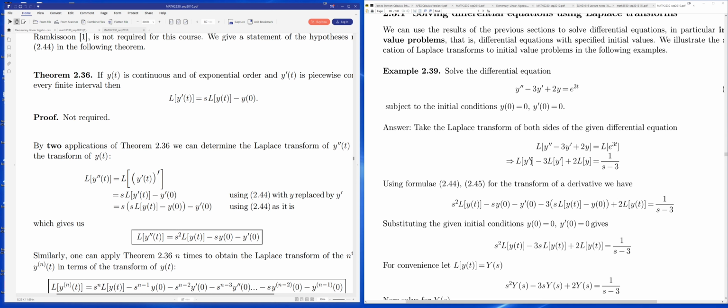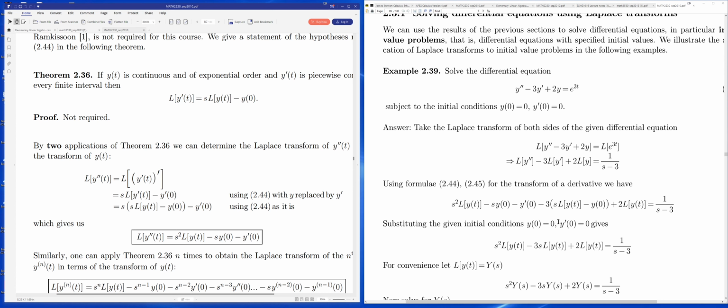Your y double prime and y prime got converted into y. So now this expression is purely involving the function y of t and some initial conditions. At this point, you want to put in your initial conditions, and these are given to you.